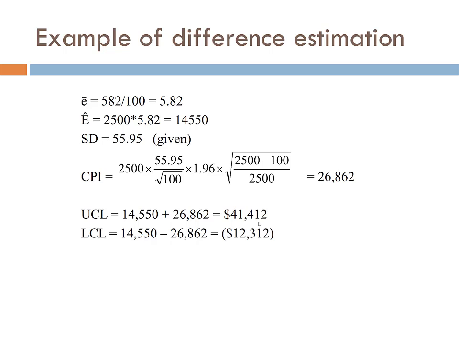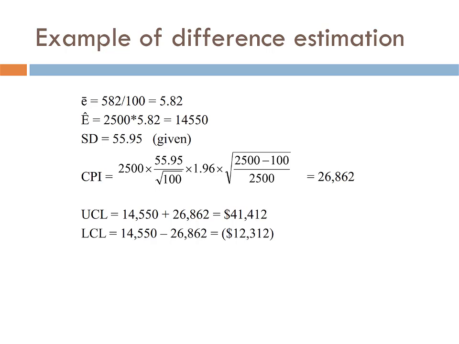So we're 95% certain that the misstatement in this account is somewhere between an overstatement of 41,412 and an understatement of $12,312.